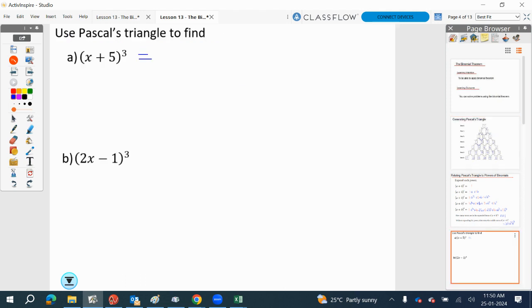So what we're going to want is 1x to the 3, 5 to the 0, plus 3x to the 2, 5 to the 1, plus 3x to the 1, 5 to the 2, plus 1x to the 0, 5 to the 3. Notice the exponents: 3, 2, 1, 0, 0, 1, 2, 3.